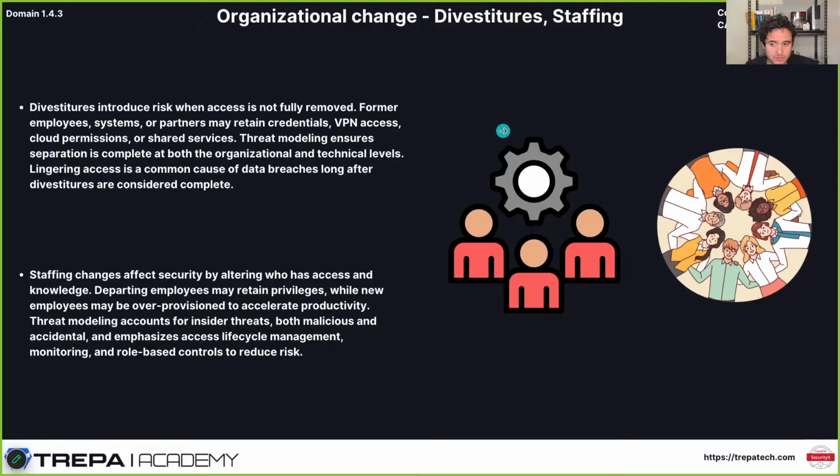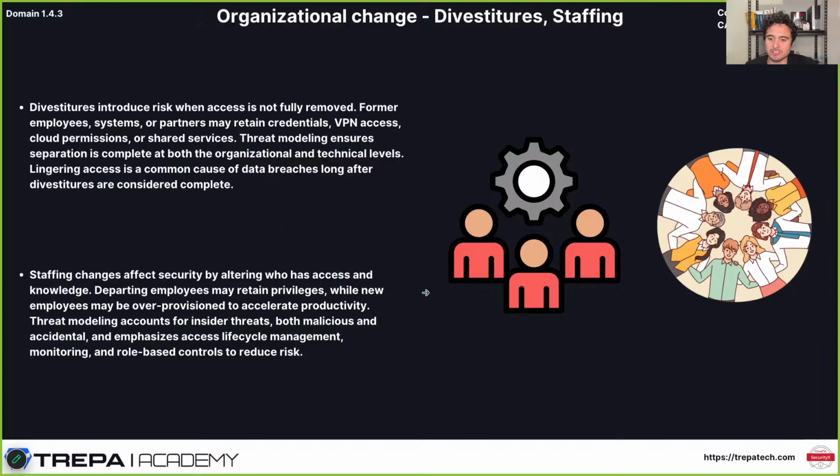Okay, divestitures introduce risk when access is not fully removed. Former employees, systems, or partners may retain credentials, VPN access, cloud permissions, or shared services. So what we're saying here is when we get rid of people, get rid of departments, or divest from something, we do proper offboarding. Okay, then staffing changes.